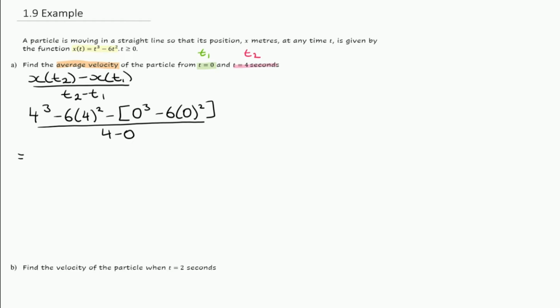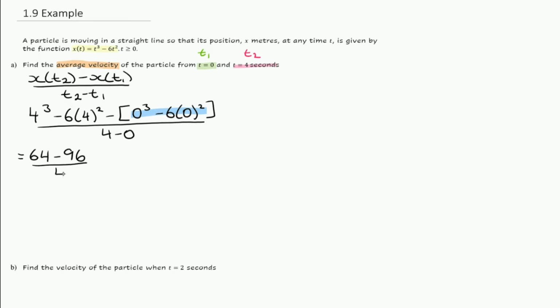Simplifying this, 4 cubed is 64, take away 4 squared, which is 16, times by 6 is 96, I believe. And this part of my expression is just going to become 0.